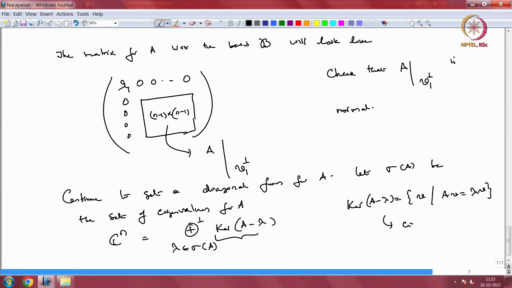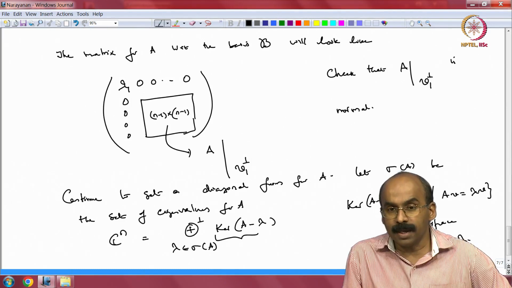So, your whole space is decomposed into these eigenspaces, the eigenspaces are orthogonal to each other, and with respect to this decomposition, on each space kernel of A minus lambda, A acts like lambda, right.